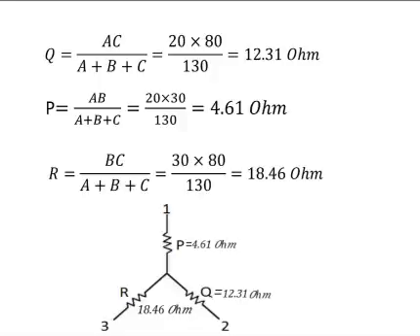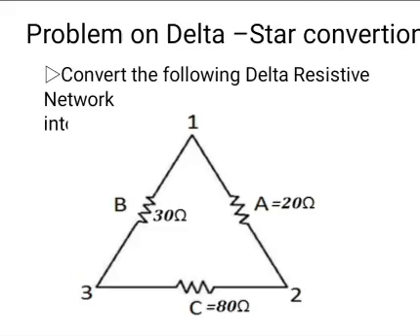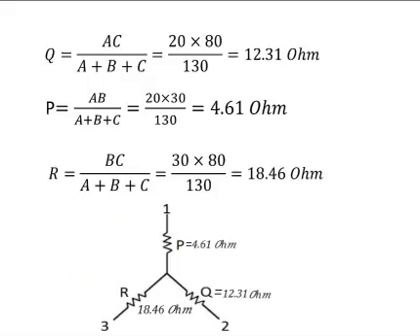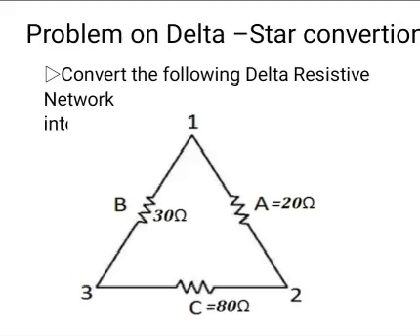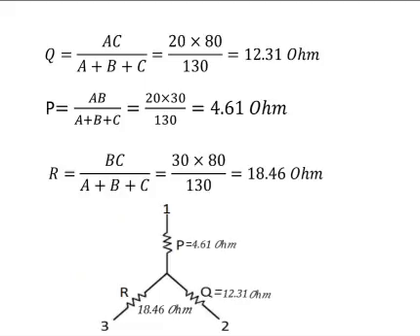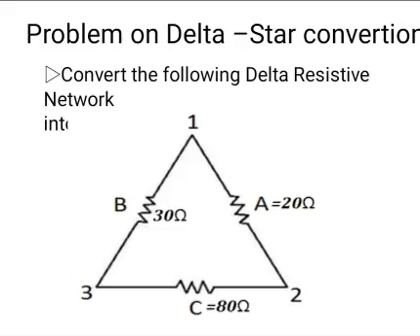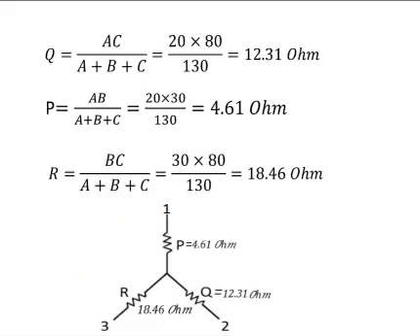To convert delta to star, the equation is Q equals AC divided by A plus B plus C. A equals 20, C equals 80, divided by the total resistance A plus B plus C, which equals 130. That equals 12.3 ohm.